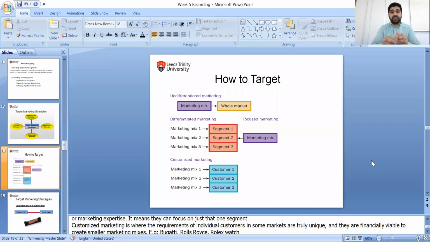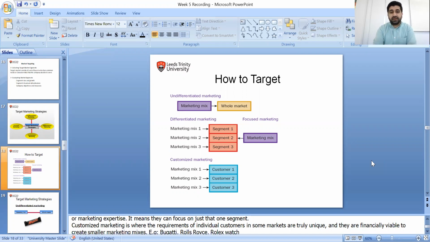And number four is customized marketing. In customized marketing, we identify customers who have unique requirements and are financially very sound. Based on their unique requirements, we identify such customers and then offer products to them.